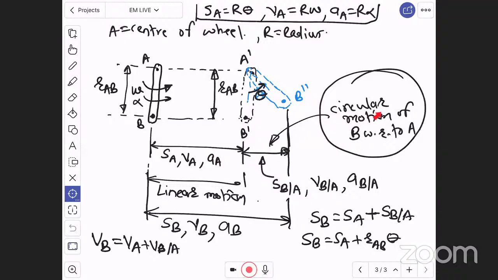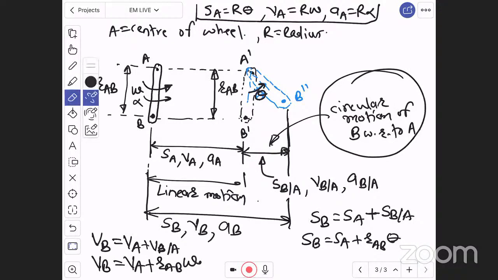Therefore, velocity of B will be equal to velocity of A plus, for circular motion, what is it? Radius of wheel RAB into angular velocity omega.